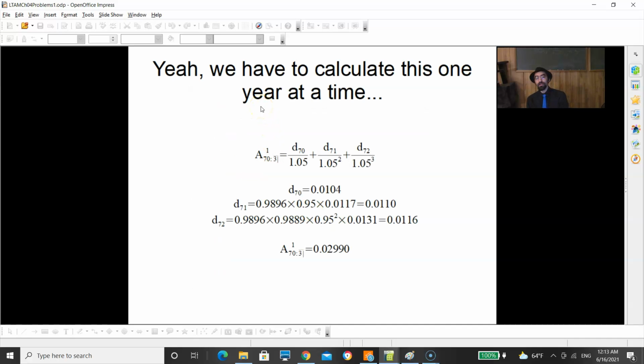And so yeah, we have to calculate this one year at a time. A 71st colon angle 3 equals D70 over 1.05 plus D71 over 1.05 squared plus D72 over 1.05 cubed.